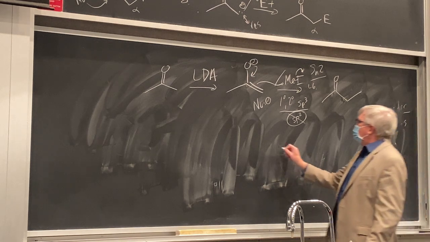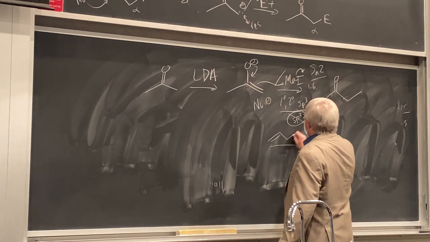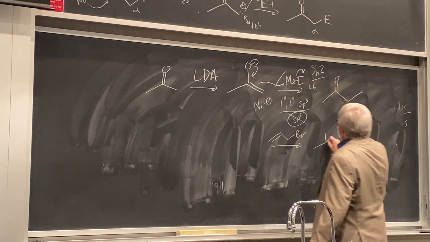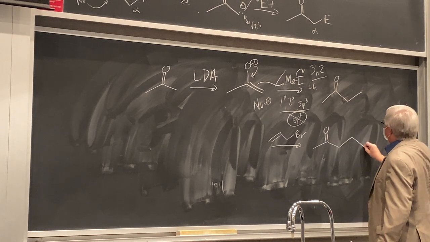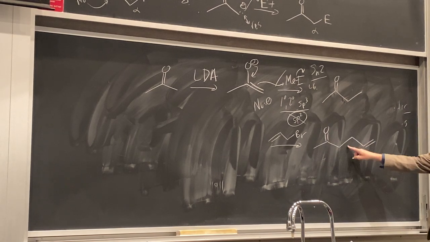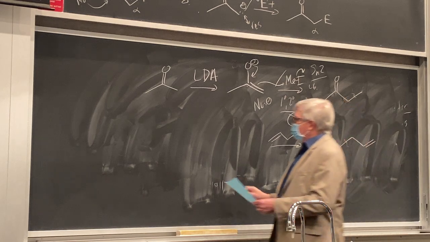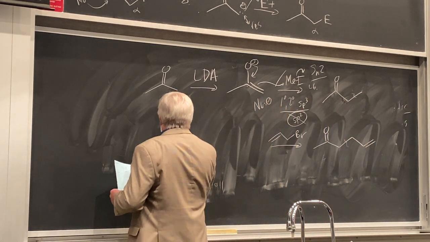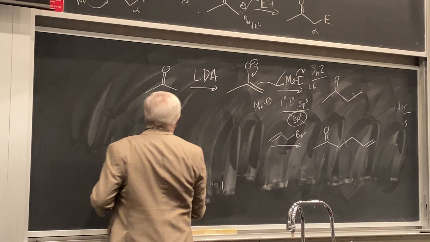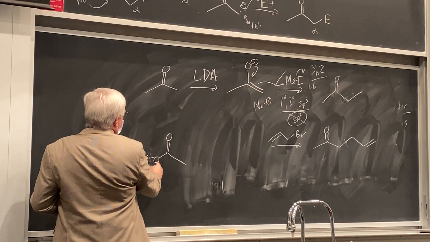Let's do another electrophile here. We could do allyl bromide. And if we did that, we get this. Okay. So that bond right there at that alpha position, we can do that substitution. How about with esters? Now, esters are a little bit different. It's got an oxygen over here.